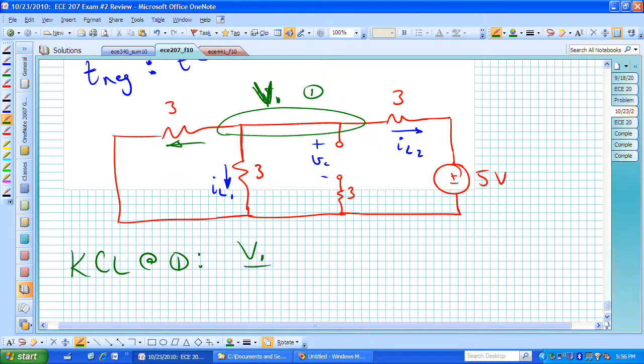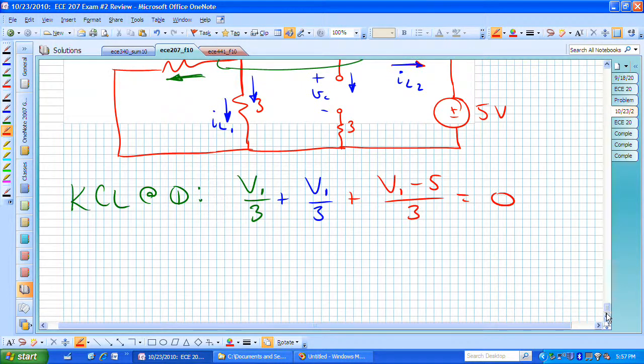We have V1 over 3, that's this current. Then we have plus this current down here, which is I sub L sub 1, that's V1 over 3. This current doesn't exist because that's an open circuit, and we then have this current going to the right out of V1, and that's V1 minus 5 over R sub 4, which again is 3, and that's equal to 0.